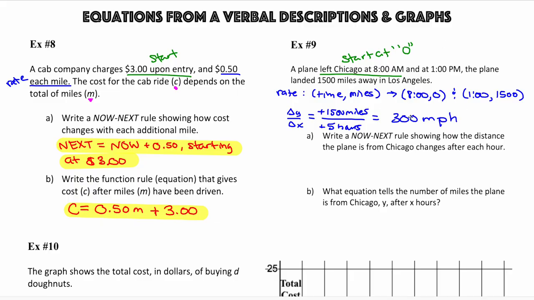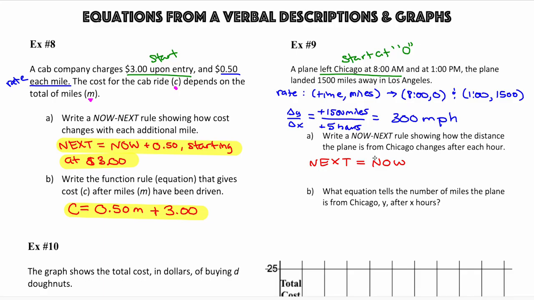Knowing what our rate is and knowing what our start is, now we can find equations. The first part says write a now-next rule showing how the distance the plane is from Chicago changes after each hour. That's telling us that the distance, again, was the dependent. A now-next rule always says next is equal to our now, and then whatever we do to our now.